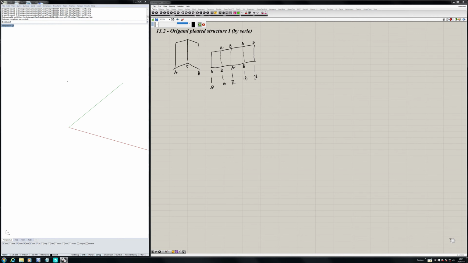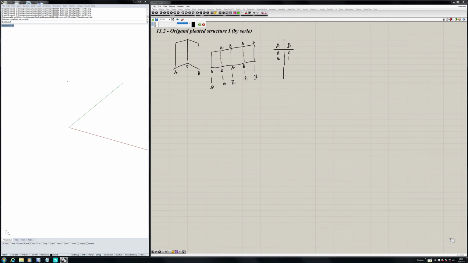So in reality, if I have a list of A points and a list of B points, A is going to be at 0, B is going to be at 6. This is the first pair. Second pair, 6, 12.